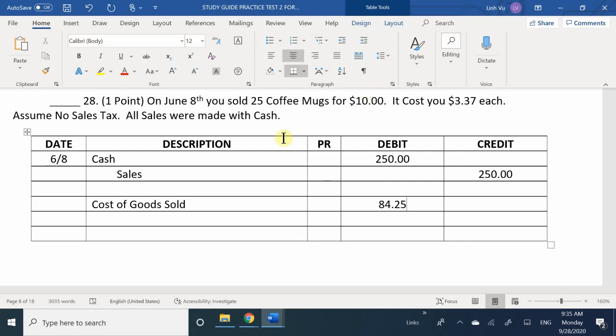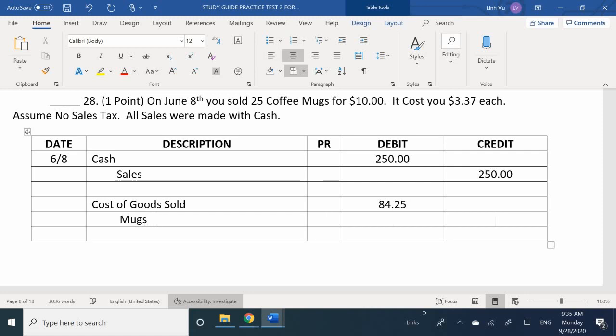From your inventory. Exactly. Because that's how you adjust your inventory, right? You only have one place to place it. Now you sold the items. They don't exist anymore. So we're going to take it directly out of our mugs because that's where we placed them, right?